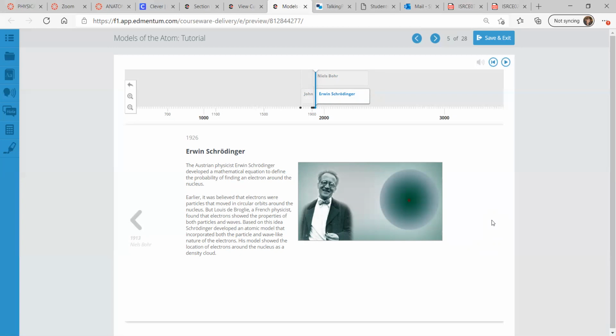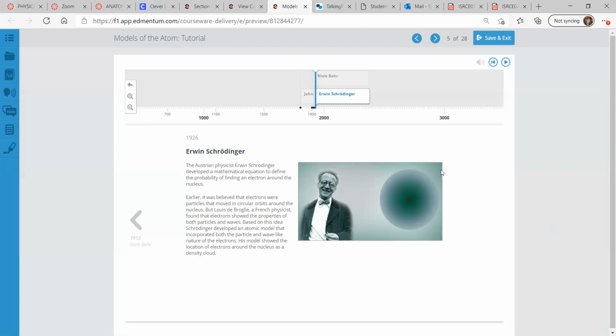But Louis de Broglie, a French physicist, found that electrons showed the properties of both particles and waves. Based on this idea, Schrodinger developed an atomic model that incorporated both the particle and wave-like nature of the electrons. His model showed the location of electrons around the nucleus as a density cloud.